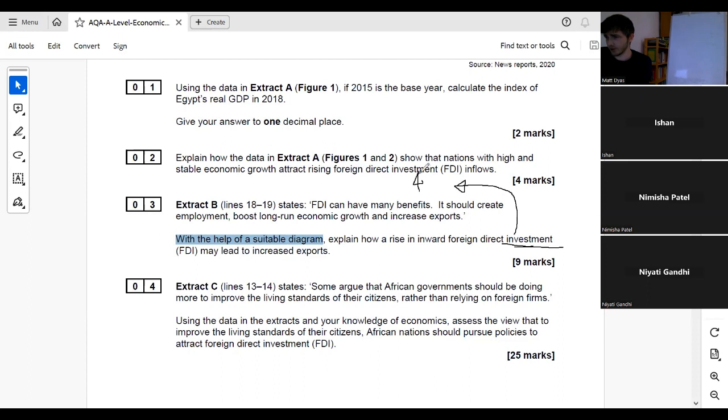Either it is increasing AD, shifting aggregate demand out, or increasing aggregate supply. The aggregate demand one is very, very easy to explain because investment is just part of the aggregate demand equation.